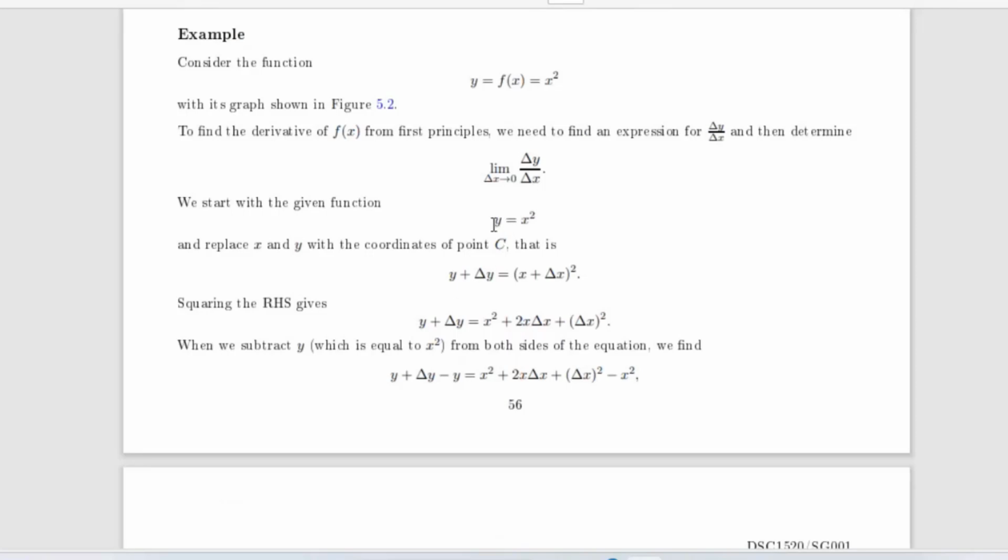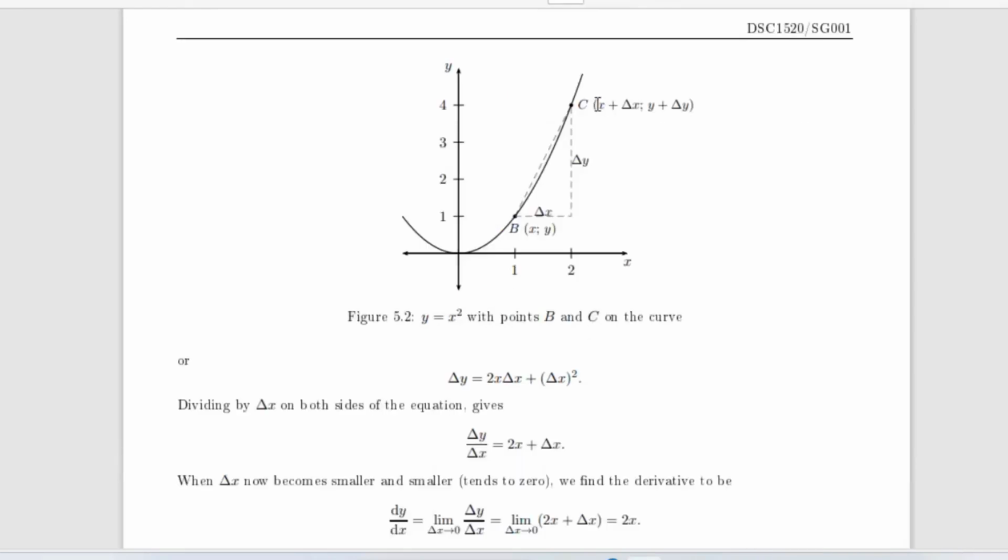Now y equals x squared. In the place of y, we have y plus change in y, as we were told that we need to use these coordinates of C. Are you with me? Yes, sir. In the place of x, we have x plus change in x. In the place of y, we have y plus change in y.